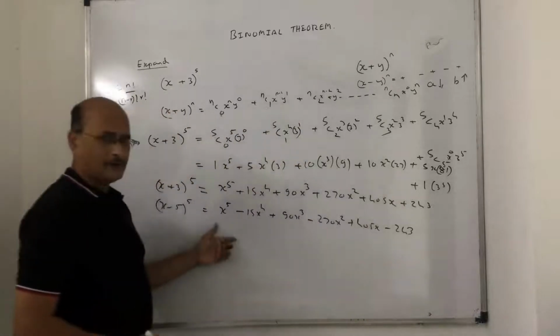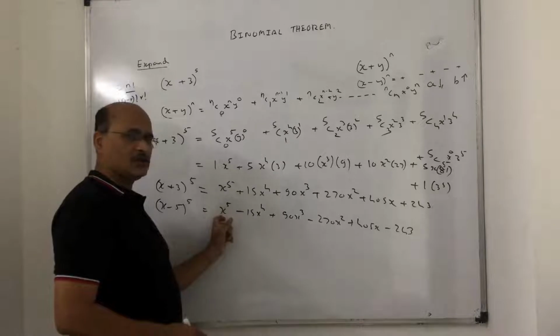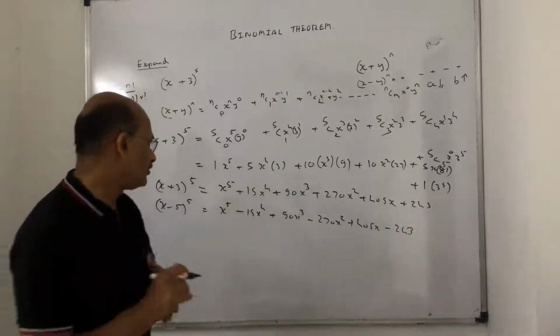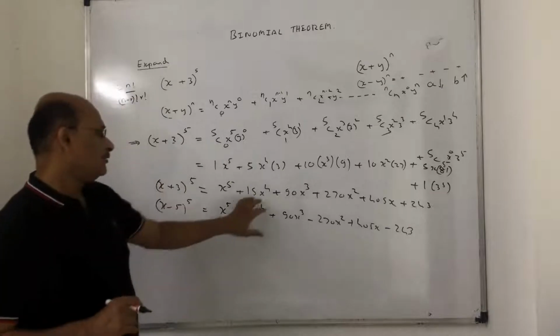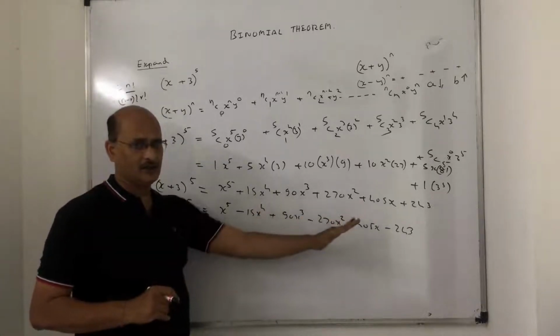Now what is my point I want to share with you? Whenever there is a minus sign, every next term will alternate with plus or minus. So I hope you got this point, dear children. This is the only difference. The terms remain the same, only plus and minus get exchanged.